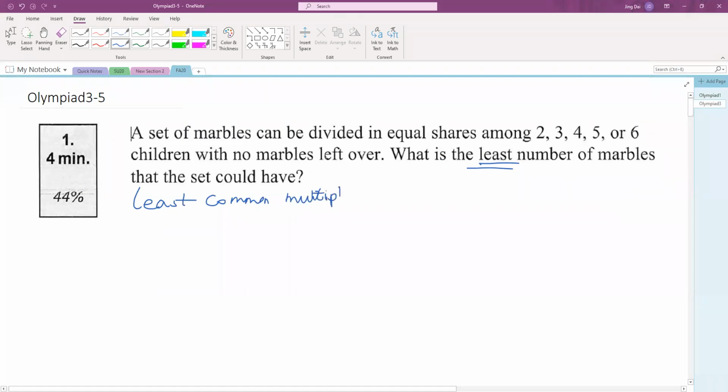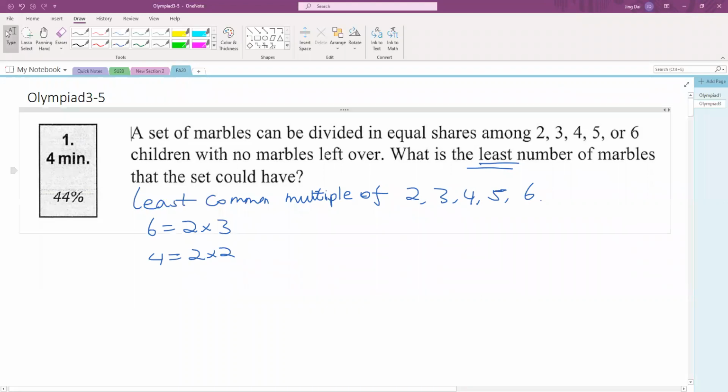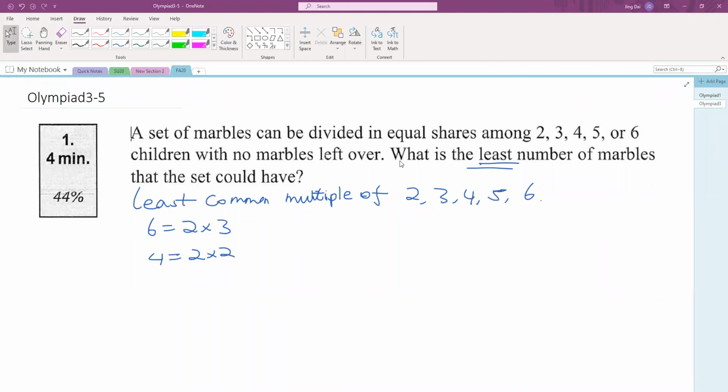And 4, because 3 is a multiple of 6, and 2, no, because 3 times 2 is 6, and 2 times 2 is 4. Whatever multiples of 4 are, those are multiples of 2, and whatever multiples of 6 are, those are multiples of 3, so we just have to find the least common multiple of 4, 5, and 6. Okay.